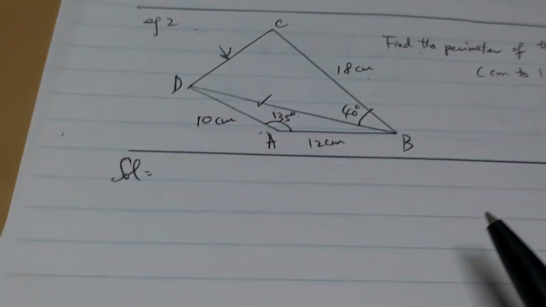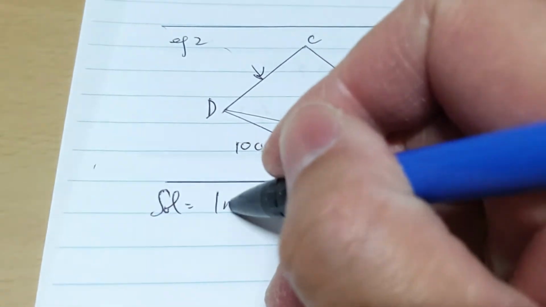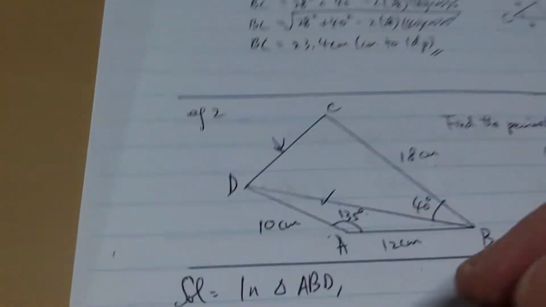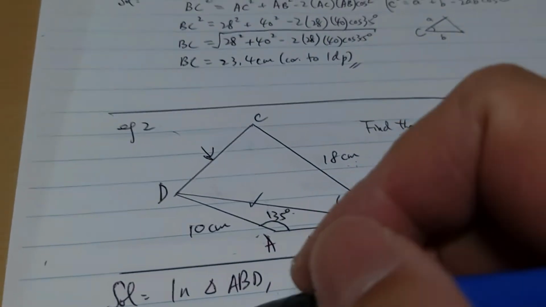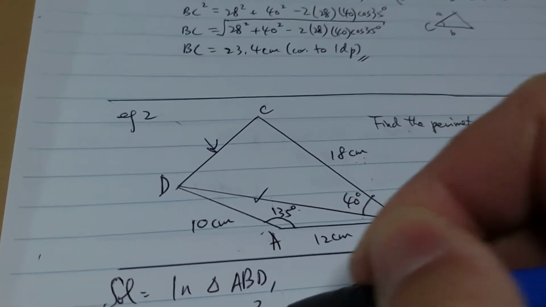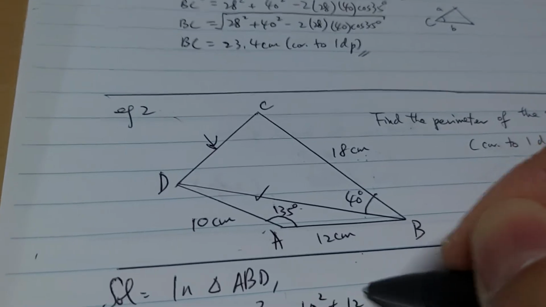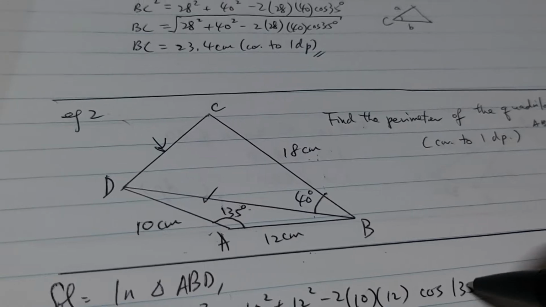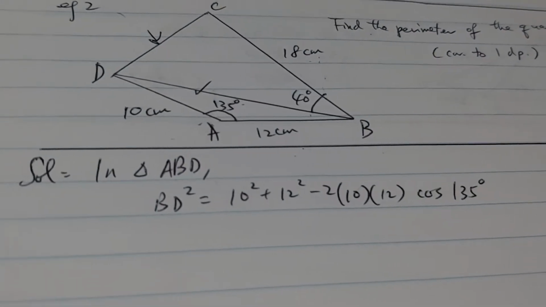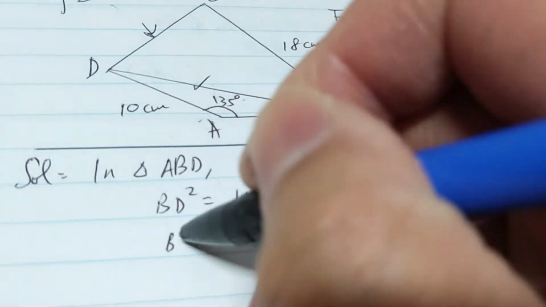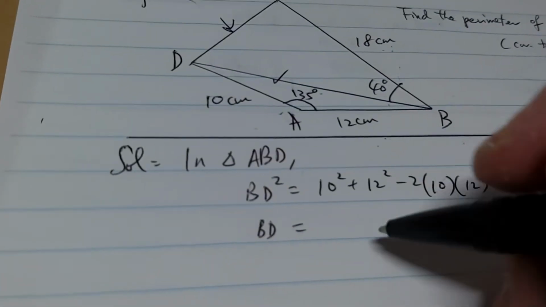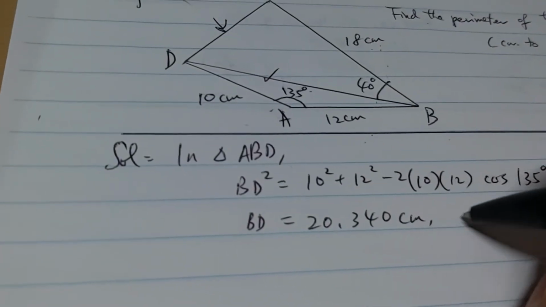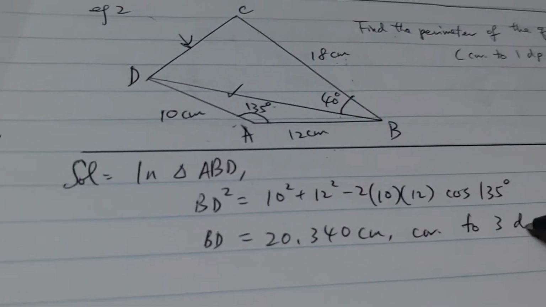So first of all, we should look at triangle ABD and use cosine formula. The opposite side is BD. BD squared equals 10 squared plus 12 squared minus 2 times 10 times 12 cosine 135 degrees. After using a calculator, we have 20.340 cm, correct to 3 dp.